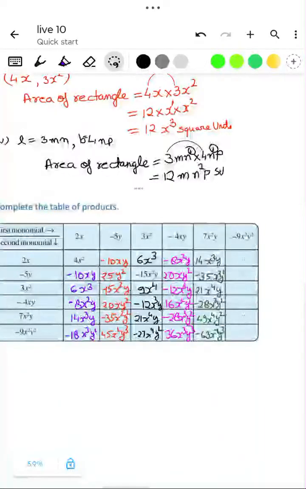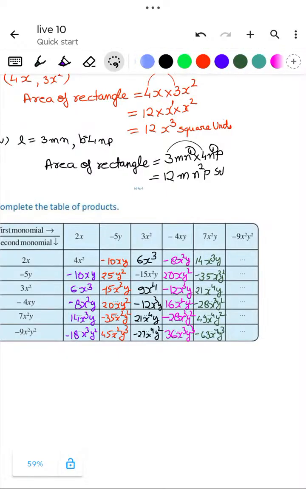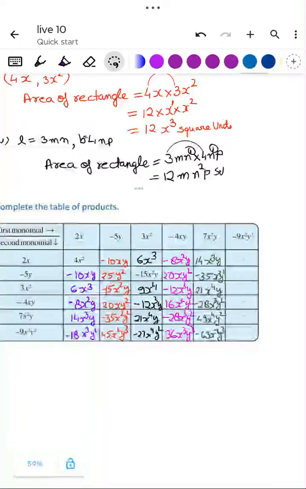Now negative 9x square y square into 2x. So this will give negative 9x square y square times 2x.